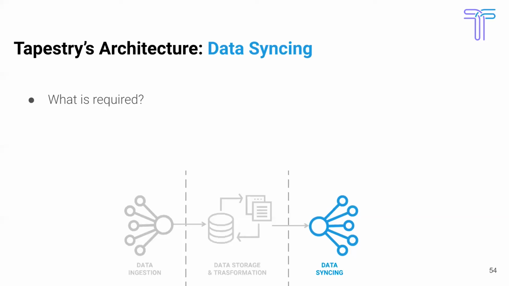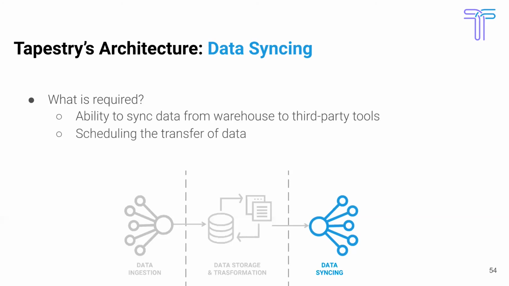Thanks, Rick. The last phase of our pipeline is data syncing. This is where we send data back into external tools that can then act on the data. Much like data ingestion, this requires a library of API connectors specific to each destination and the ability to schedule when you want to transfer your data.